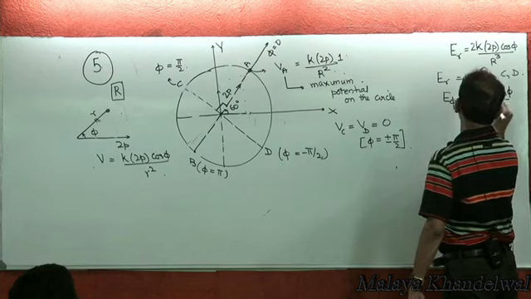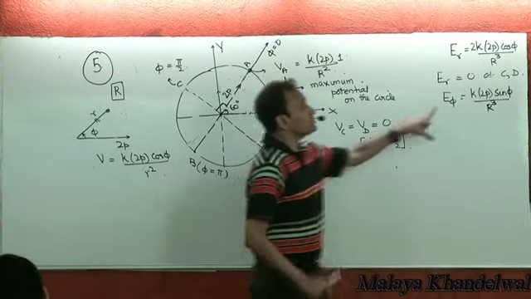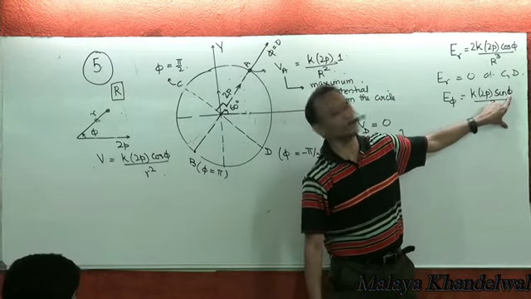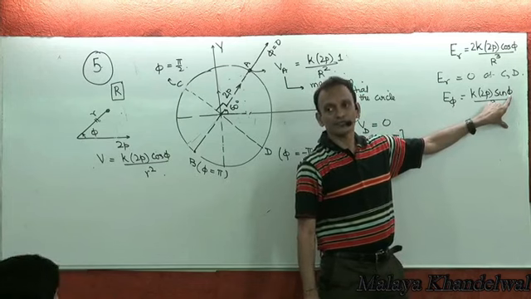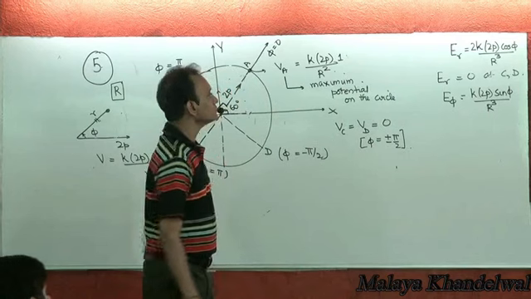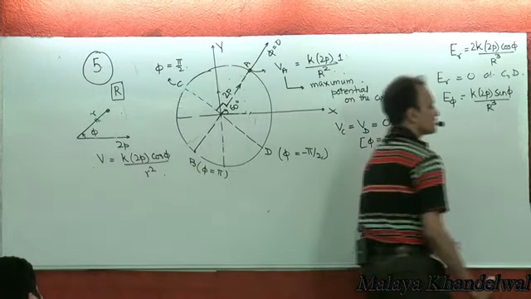That's the electric field in the tangential direction, while 2K p cos phi by r cubed is the result for the radial. And realize that E phi would be maximum in magnitude at phi equal to plus minus pi by 2. Yes or no? Right?